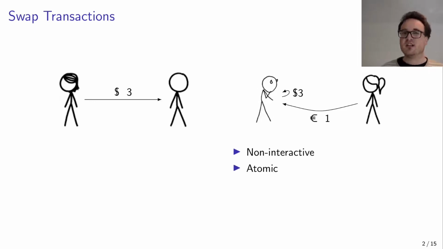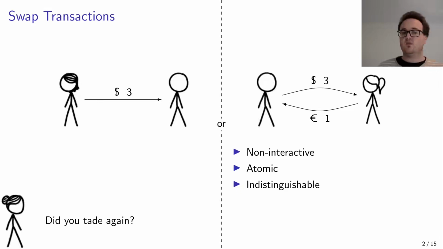It is important that this is an atomic swap, which means that neither party can abort with a benefit in the middle of the process, such that the honest party would lose tokens in this system. So that's why we need atomic swaps.